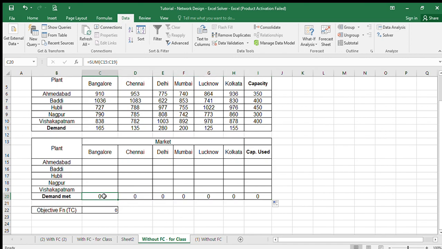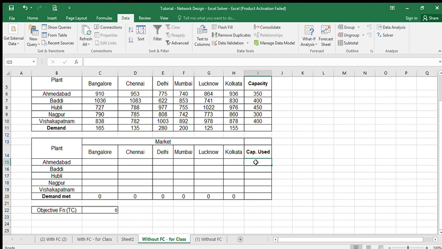This gives you the sum of all Xij's corresponding to Bangalore, this cell Chennai, this Delhi, and likewise Kolkata. This one is not required, sorry.